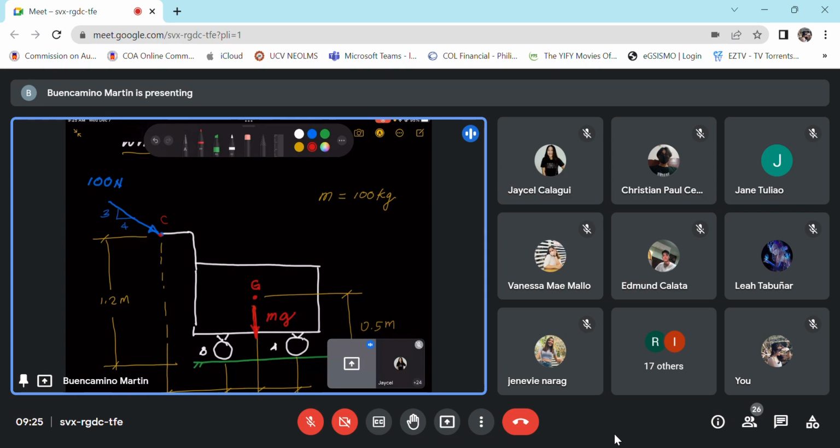Meron siyang component along Y. So this would be 100 Newton times, if this is a 3-4-5 triangle, then this Y component force would be 100 times 3 all over 5.